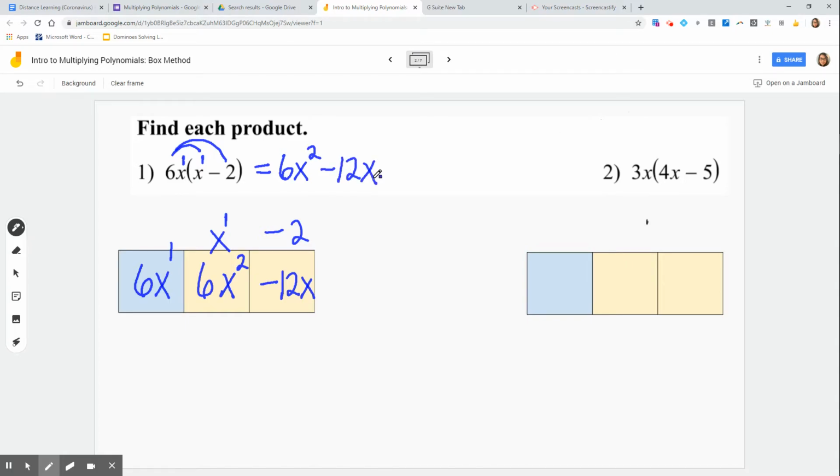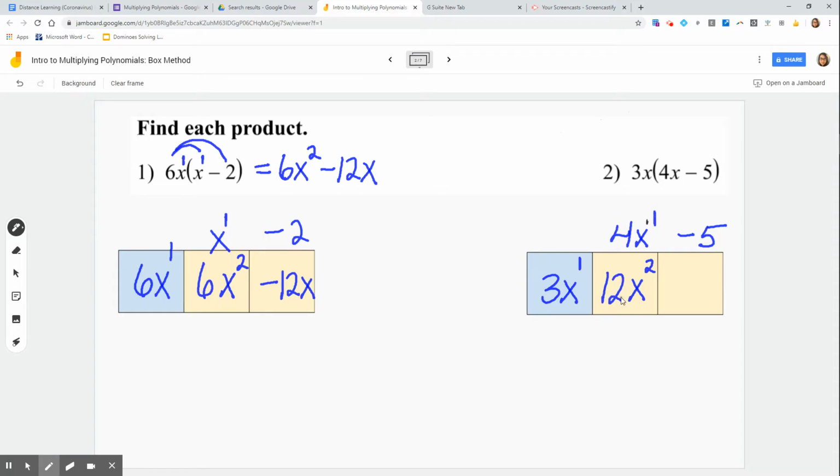Okay, we're going to set up the next problem exactly the same way. Don't forget the positive 1 exponents. So x times x is x squared. We're adding the ones together, and 3 times 4 is 12.